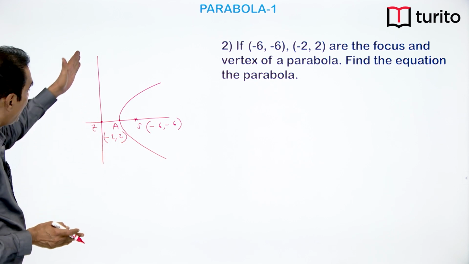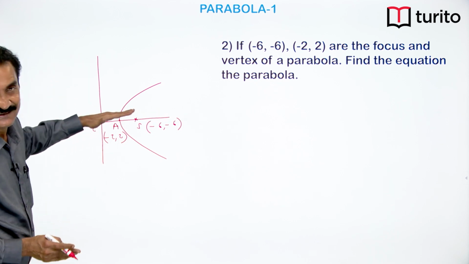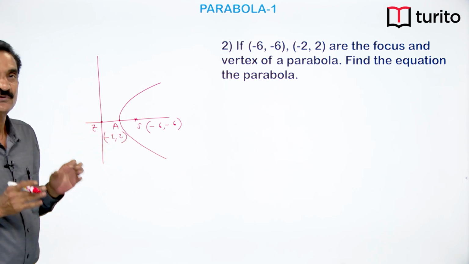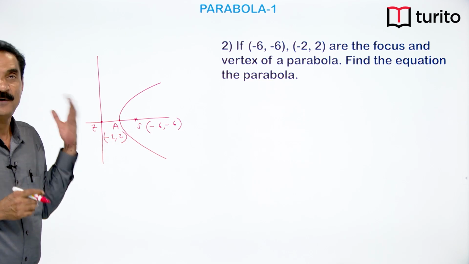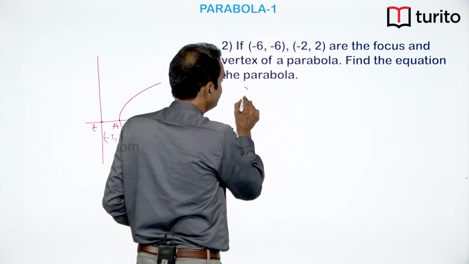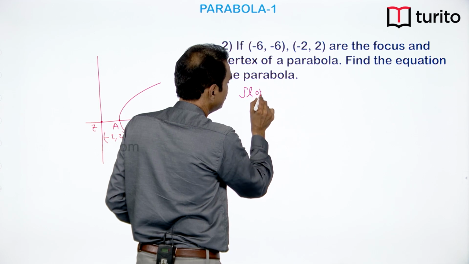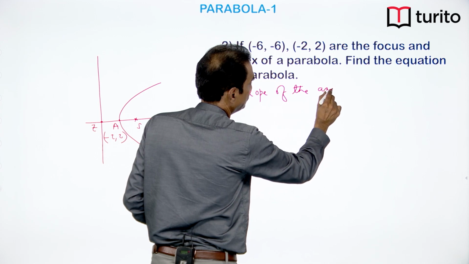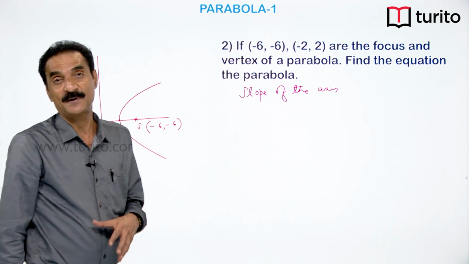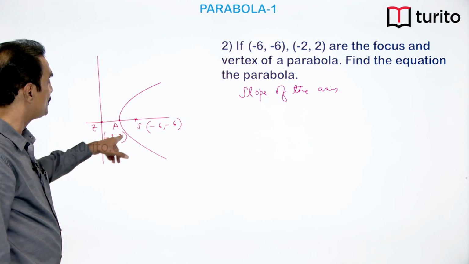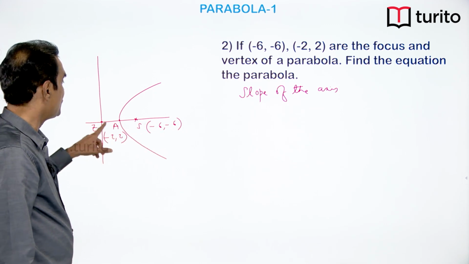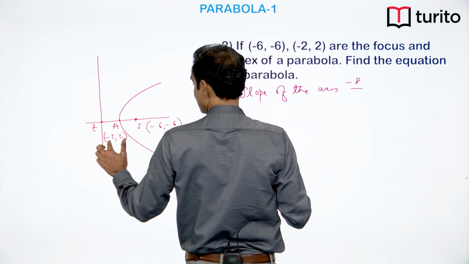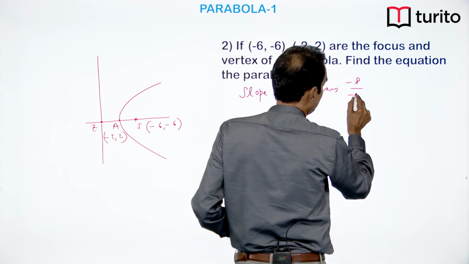Now, the directrix will be perpendicular to the axis, and focus and vertex both lie on the axis. So, let us start with the slope of the axis. It is the slope of the line joining these two. How much? (-6 - 2), that is -8, by (-6 + 2), that is -4.